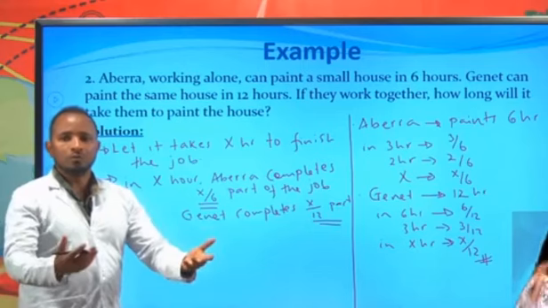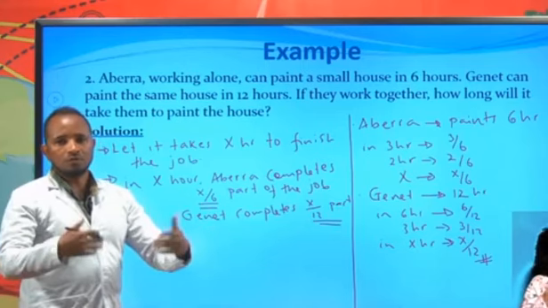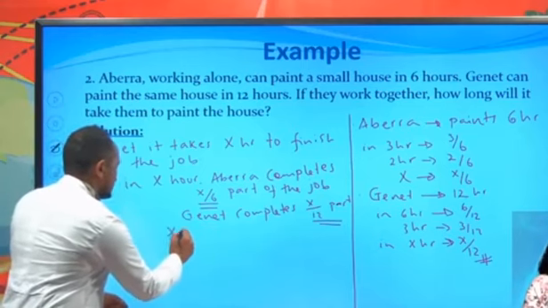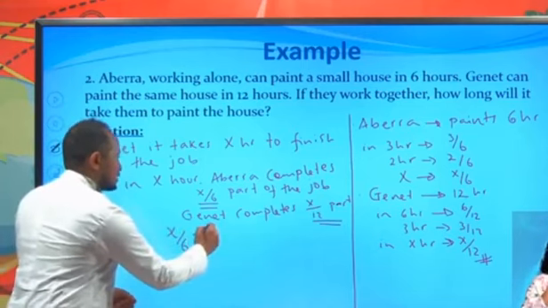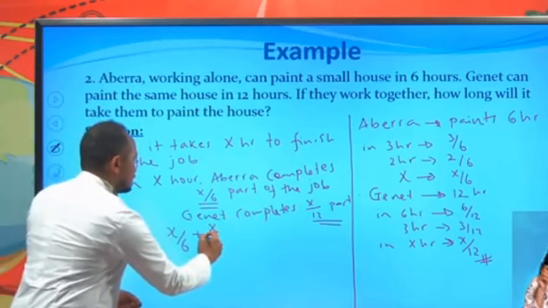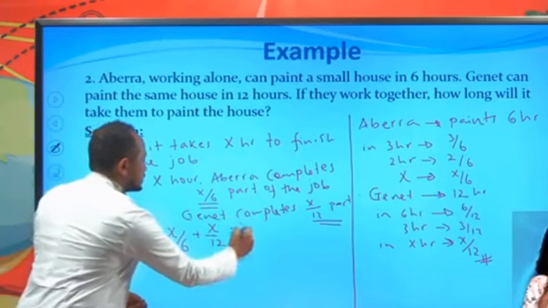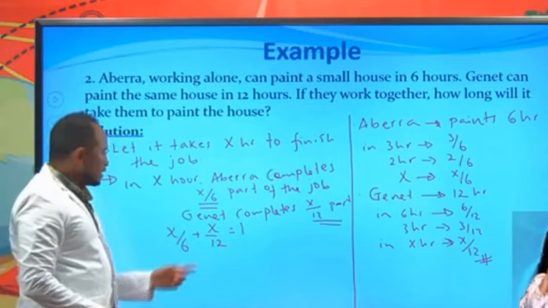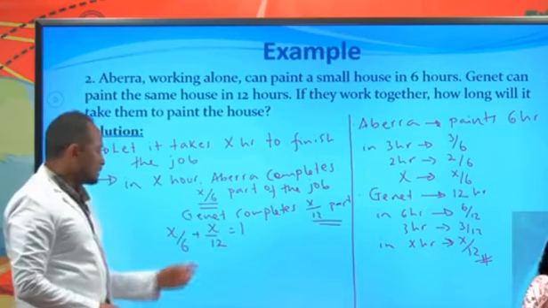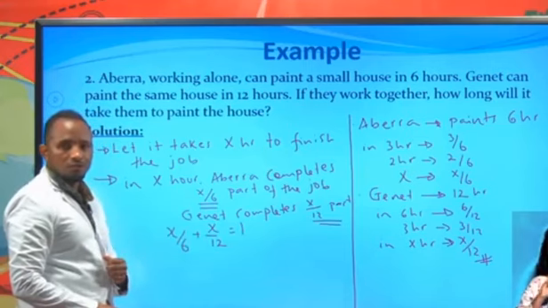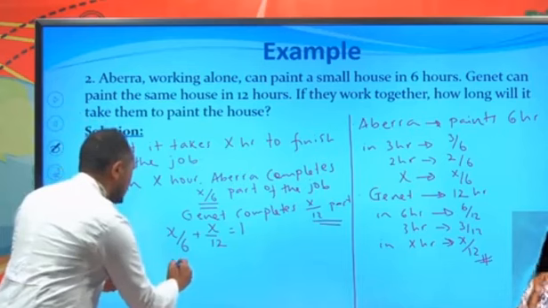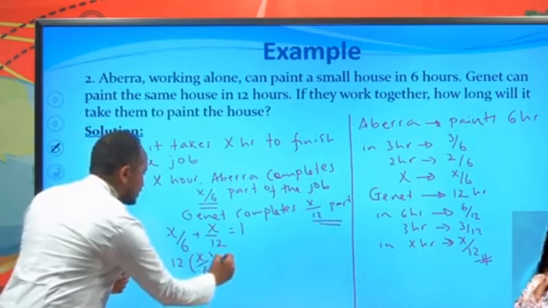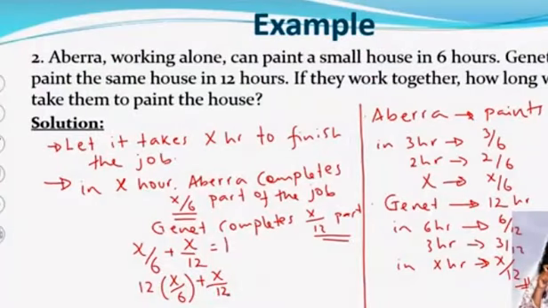Let f of x be p of x over q of x, where p of x is given by a times x to the power of n plus up to a naught, and the denominator q of x is equal to b times x to the power of m plus up to b naught, be a rational function, where n is the largest exponent on the numerator and m is the largest exponent on the denominator, or in other words, where n is the degree of the numerator and m the degree of the denominator.